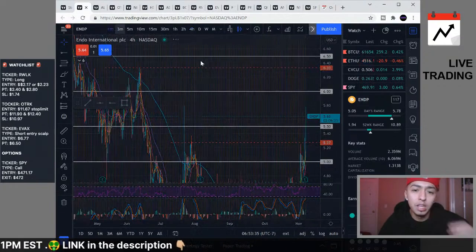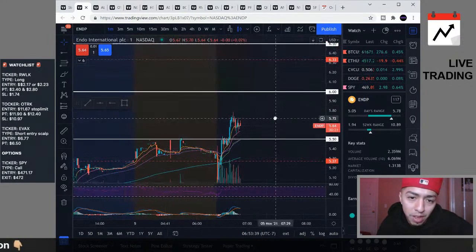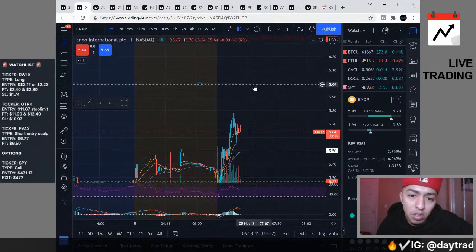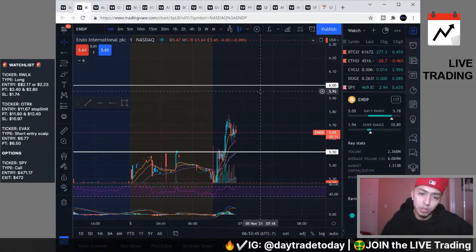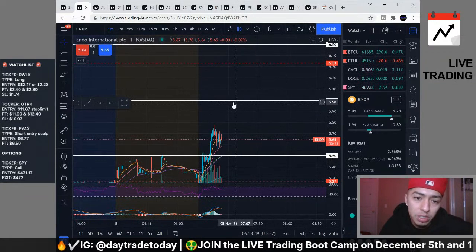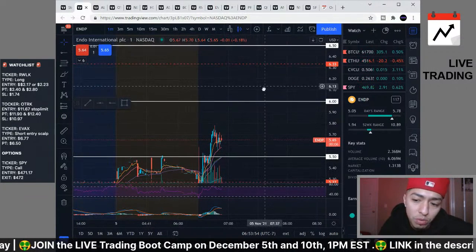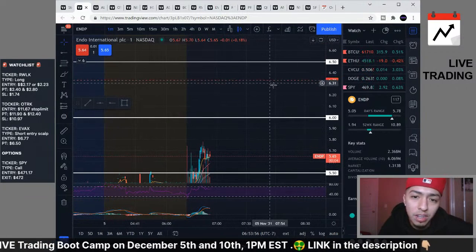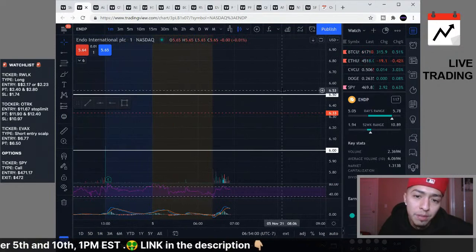So the reason why you want to wait until we come back to retest $6 is in case we fail. In case we fail $6 when we come back for the retest and it starts to pull back down, you don't want to get caught in that pullback. So definitely wait until we break through 6, come back to retest 6, and then if we start to see this turn back up, take that 6.33 entry, and then you could take some profits at 6.50.